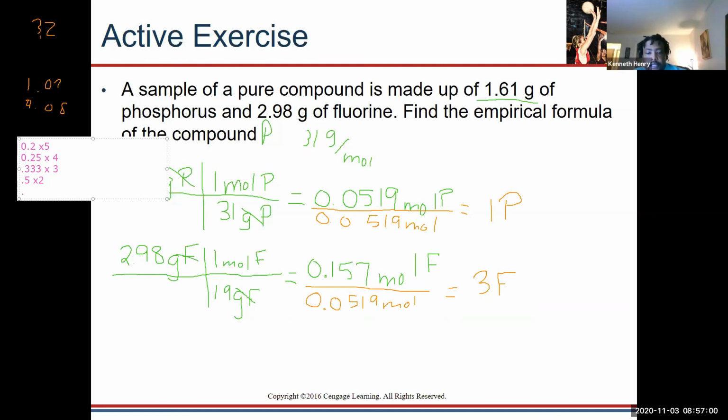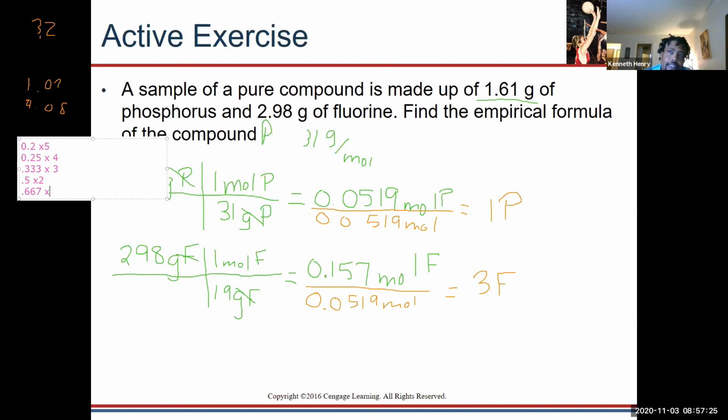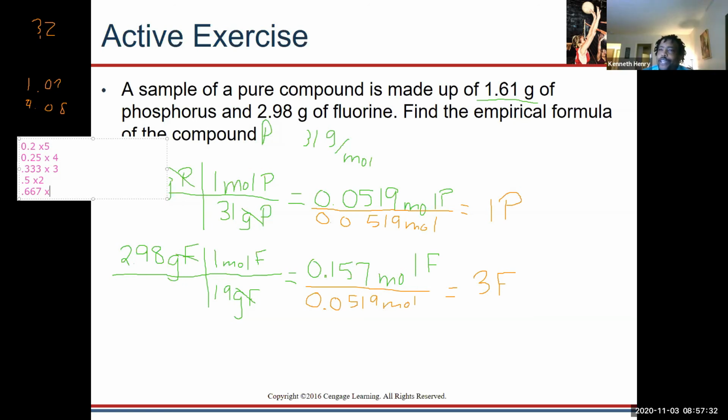If I have 0.667, 1.5? Not 1.5. 1.3? Not 1.3, but that's kind of close.